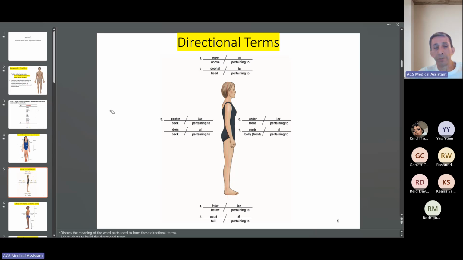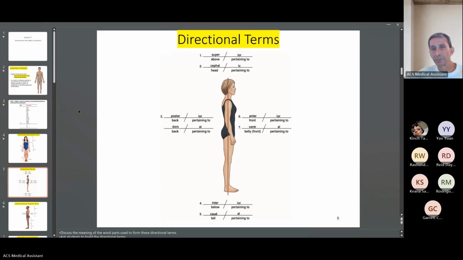Some medical terms can be built with different parts. Other medical terms you cannot divide or break into parts. We're going to talk about those, because we have terms that you can break down, just like we're doing here. For the others, you have to write the whole thing and give the definition of what it means. Any questions?